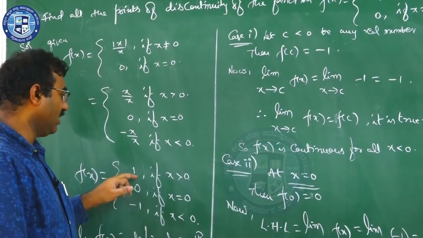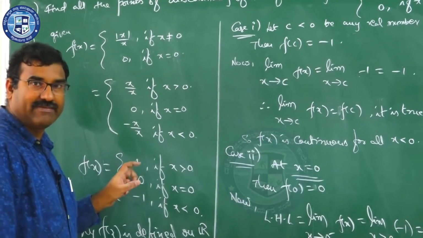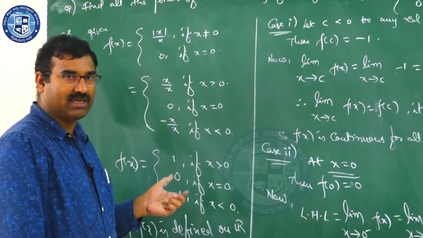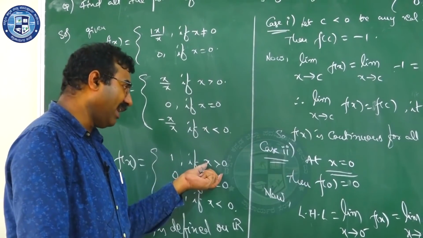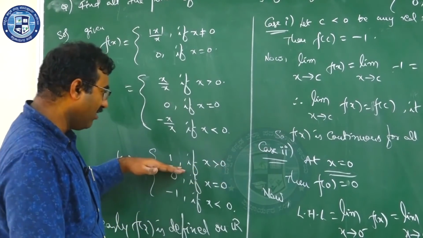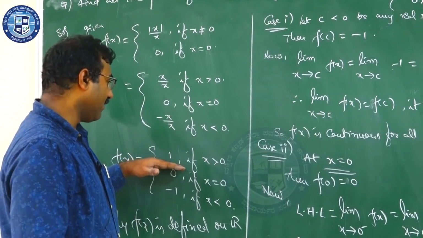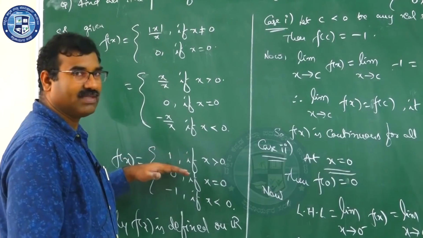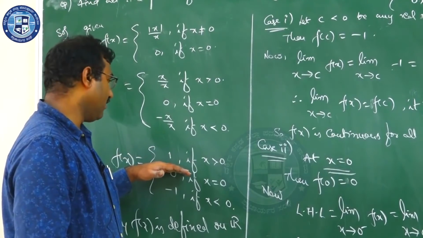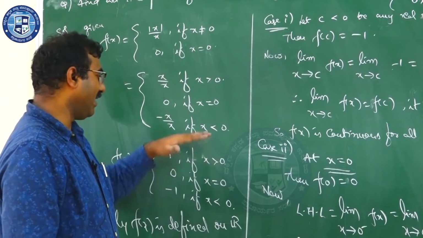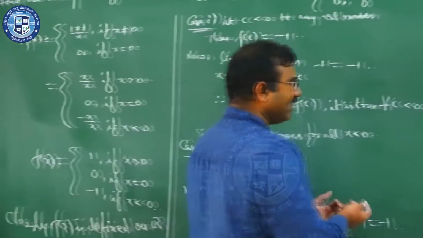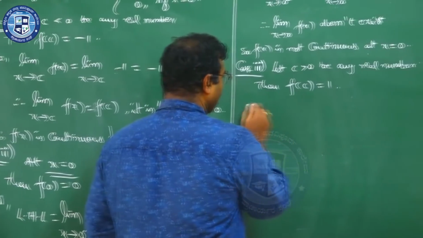Left hand and right hand limits are not required, because we are working only for values more than 0, where the function is a single, unchanging definition. So f of c is equal to 1.